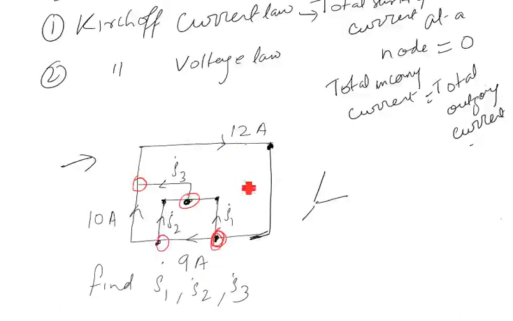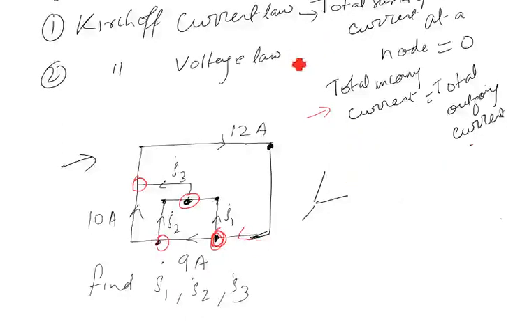There are currents here. This is 9 ampere going this side, I1 is going this side, and 12 is coming in. There is another formula also: total incoming current is equal to outgoing current. So you can use two formulas for that.